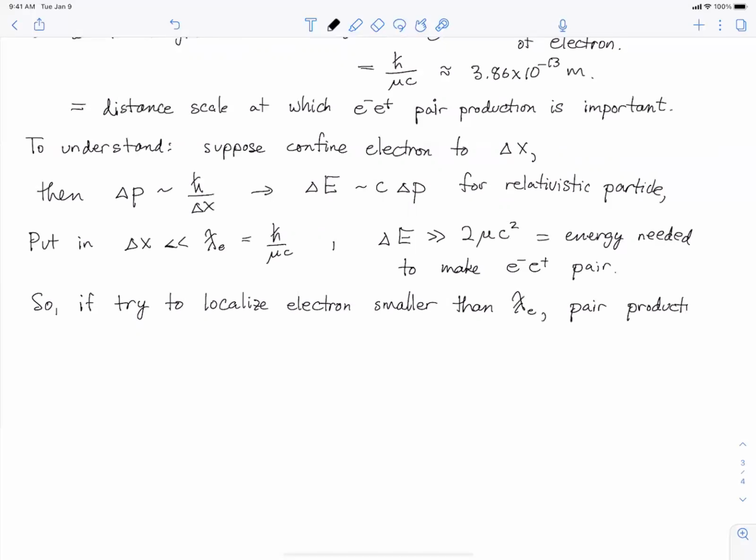Which means that all of the quantum mechanics that we've done would not be appropriate anymore, would be the wrong thing to do. We've just done the wrong calculation.